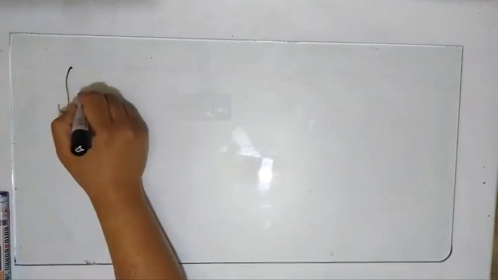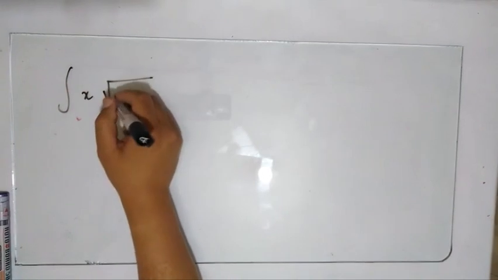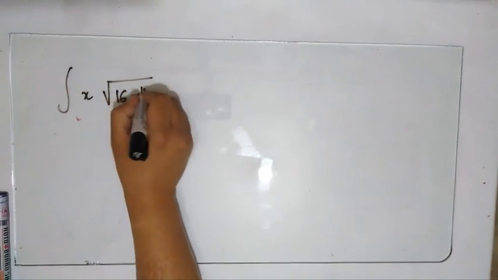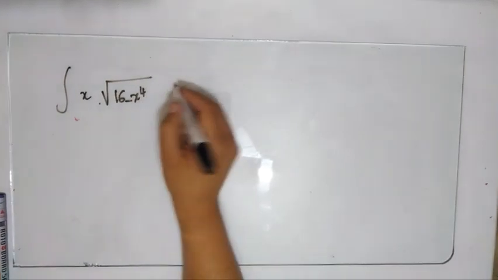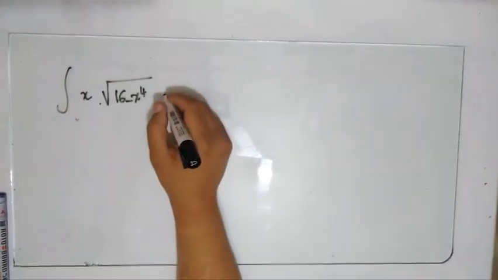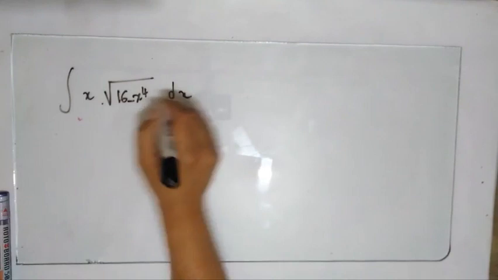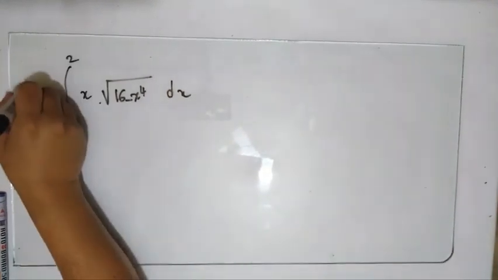Also, you know how to solve this integral. I think this was the one in the first method. The integral of x times the square root of 16 minus x to the power 4 dx from 0 to 2.